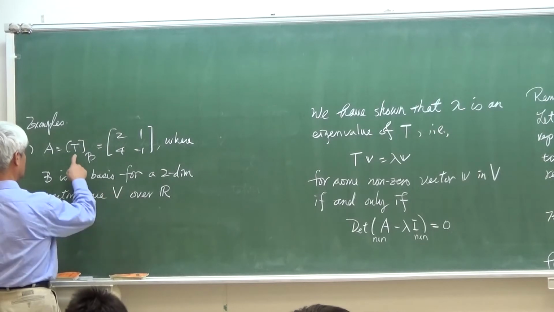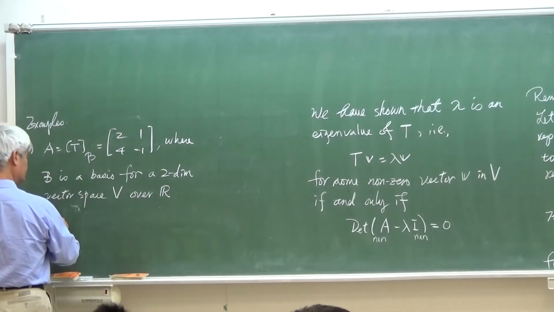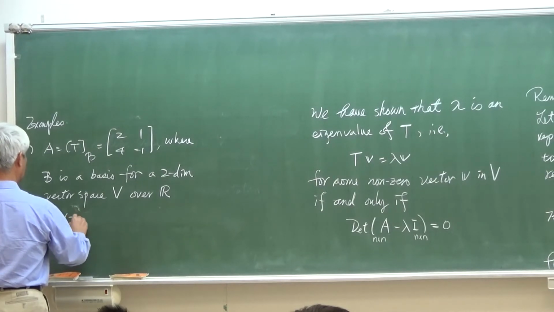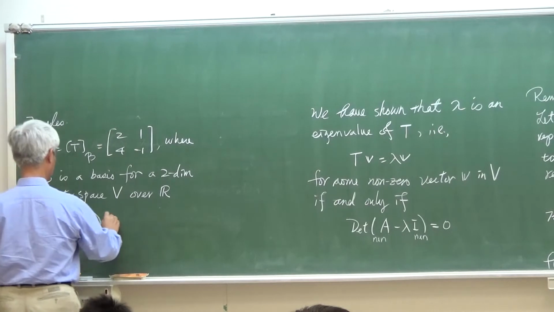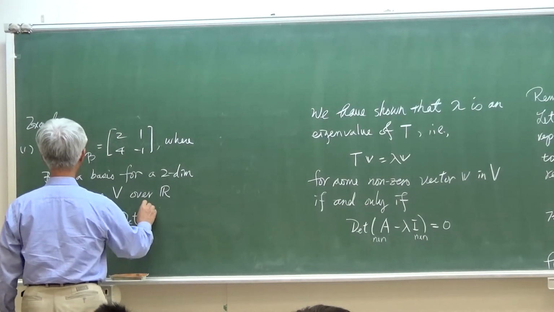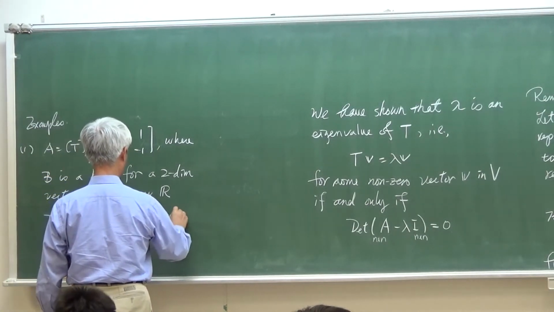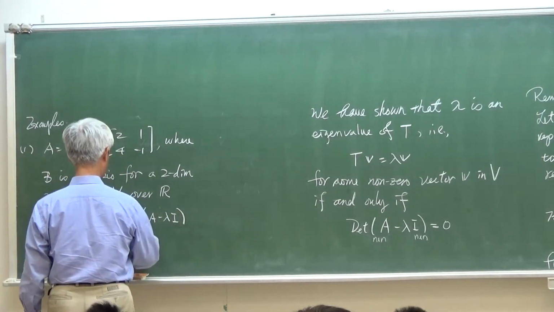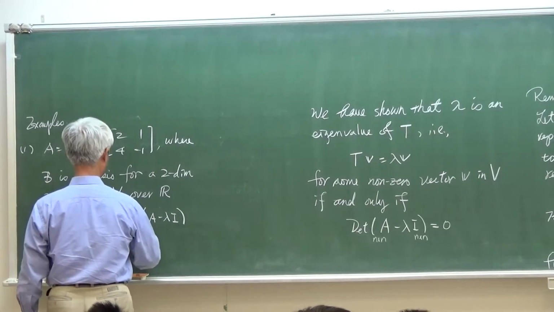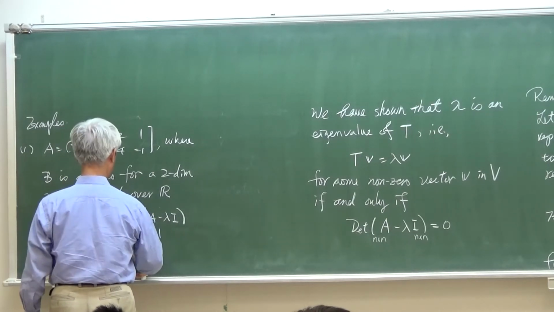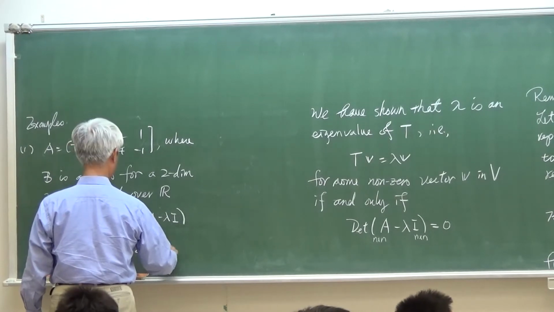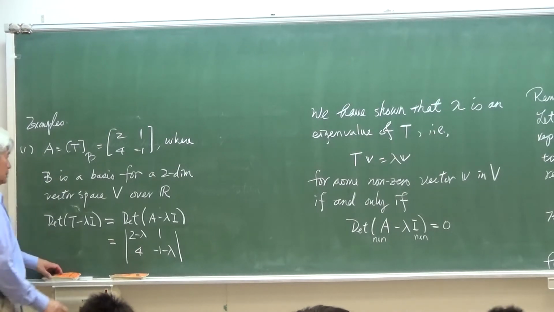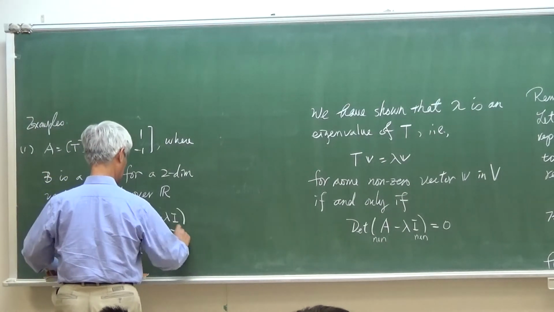The determinant of B minus lambda I is the determinant of A minus lambda I, and so that is the determinant of the matrix with entries 2 minus lambda, 1, 4, and 1 minus lambda.